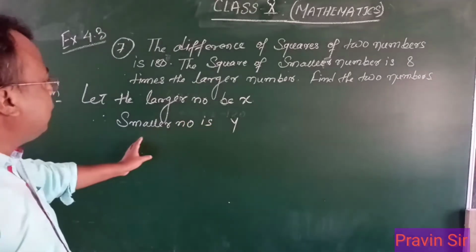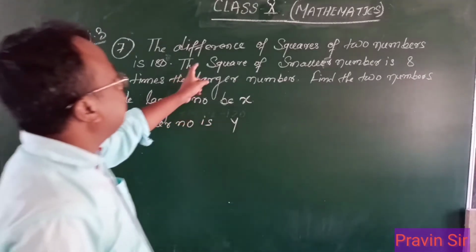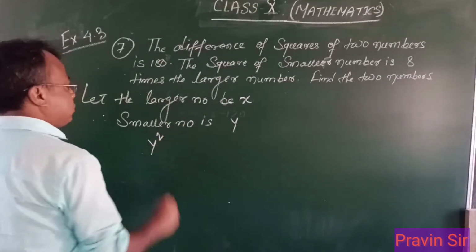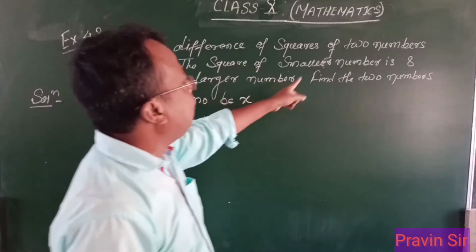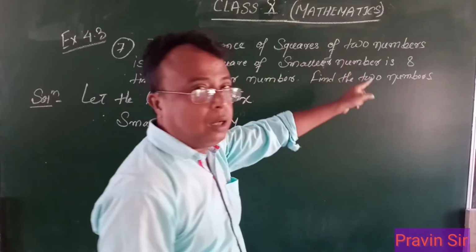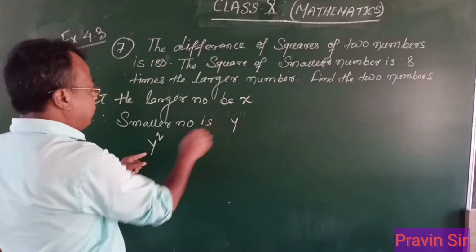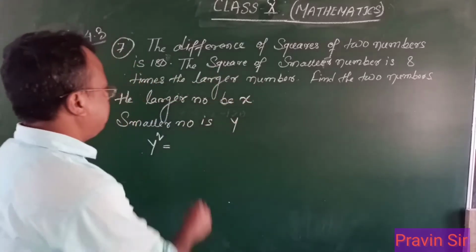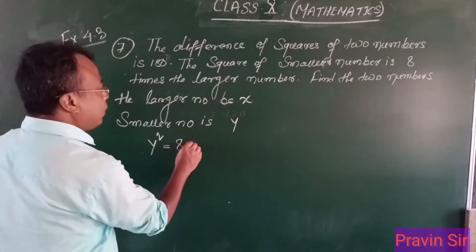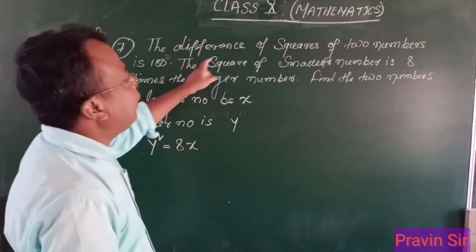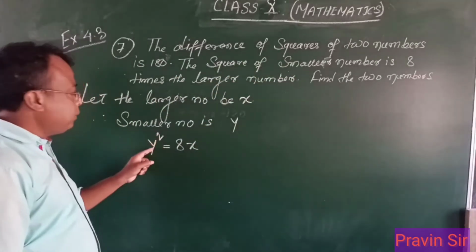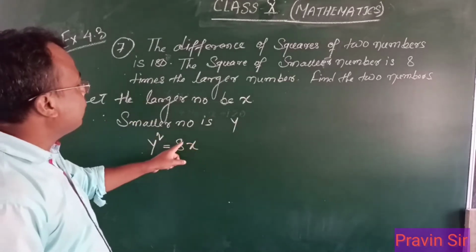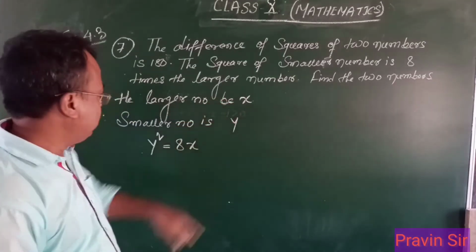It is given that the square of the smaller number, y square, is equal to 8 times the larger number, means y square is equal to 8x.